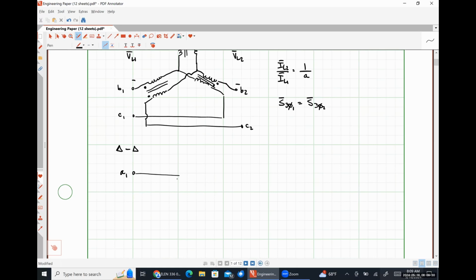And something like this. Here's our primary B phase terminal.